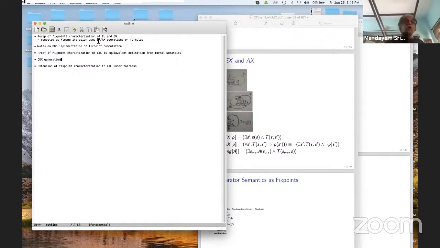Viewing the CTL operators and their models, the characterization as fixed points of some predicate transformers is useful.